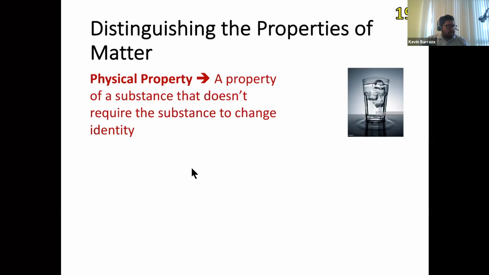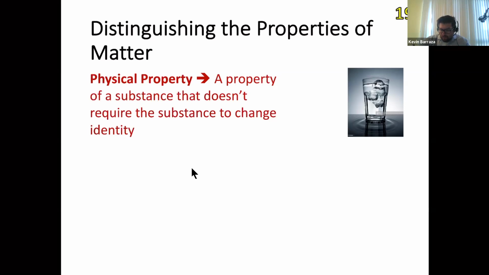What does that mean? So when I say it doesn't require a change of identity, what we're saying is that in order to demonstrate this property, its particles are not harmed in any way, meaning that if it were triatomic, it remains triatomic, and it has 2 white atoms and 1 red atom, it remains that way.